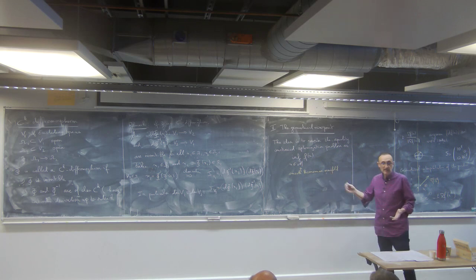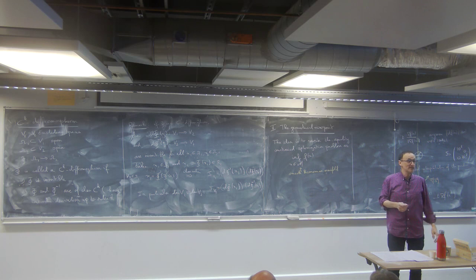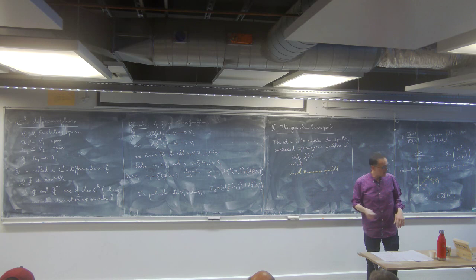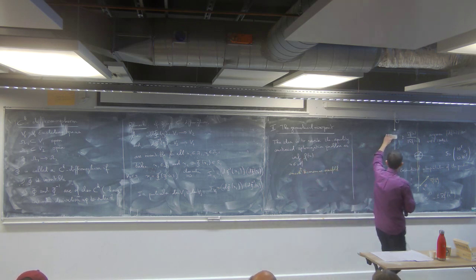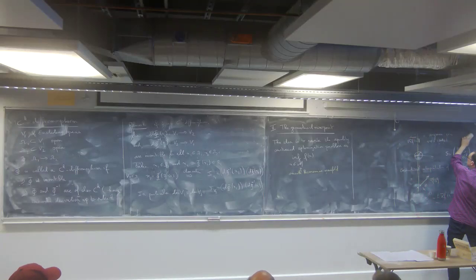But of course, for that, I need to define what is a Riemannian manifold. And so I will go slowly because perhaps it's the first time you see that, it's not obvious. So please ask questions.